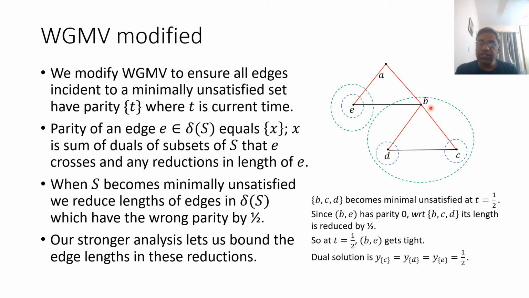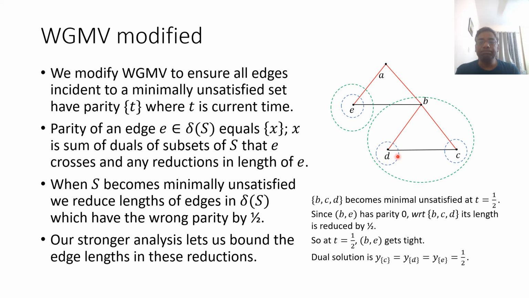Why? Because it's not seeing any dual that I have raised. These are the only duals that I've raised inside the set. So I need to correct this, and I reduce the length of this edge by half. But when I reduce the length of this edge by a half at time half, it already is feeling a dual of half on this edge. So this edge has become tight. So at time half, this edge also becomes tight, and so our process stops.